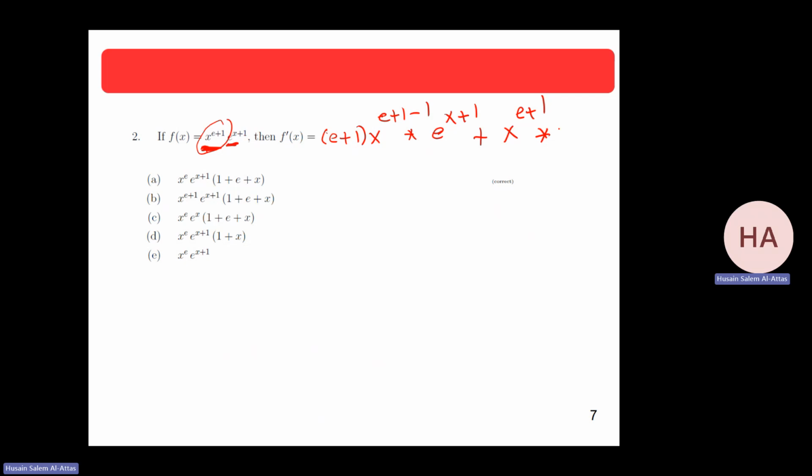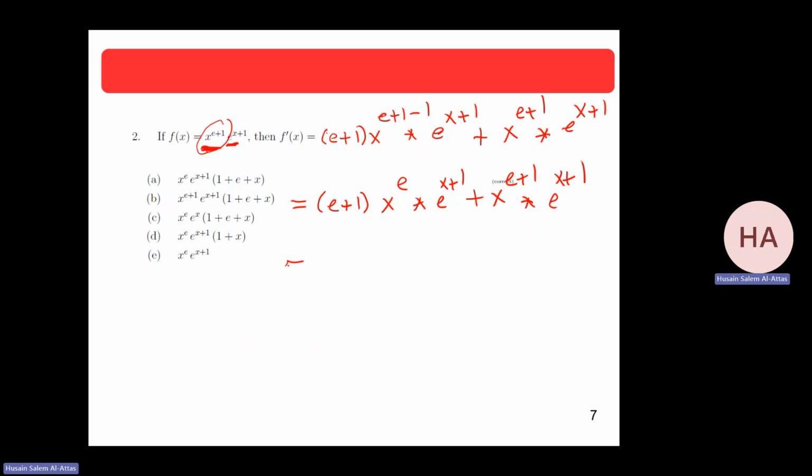What's the derivative of e to the power x plus 1? It will be e to the power x plus 1. Okay, now do the calculation. You have e plus 1, x to the power e, times e to the power x plus 1, plus x to the power e plus 1, times e to the power x plus 1.